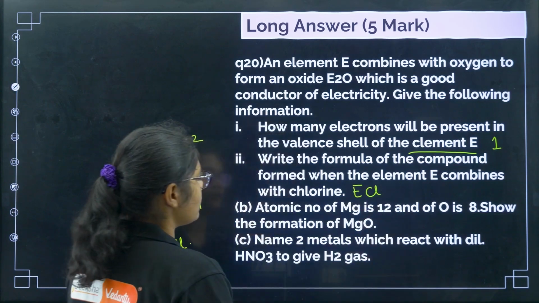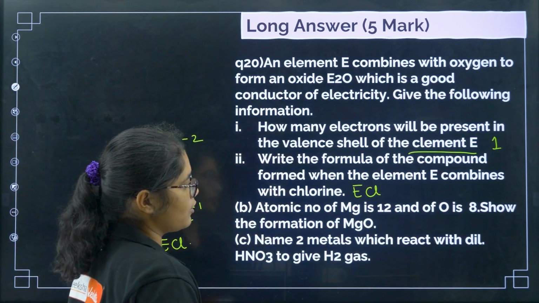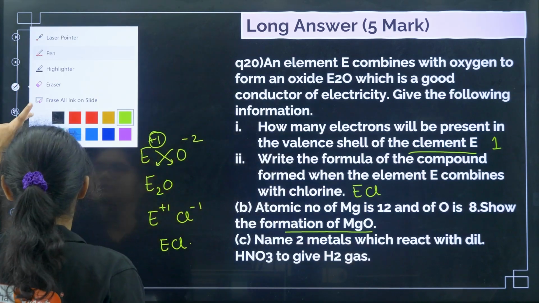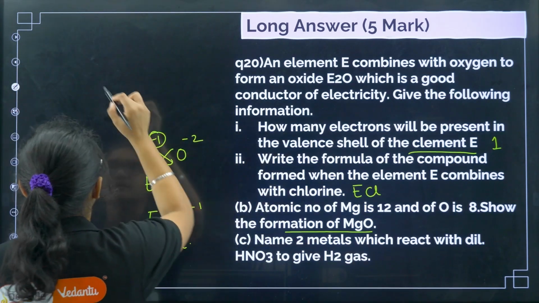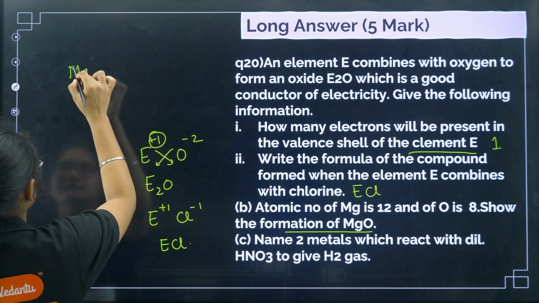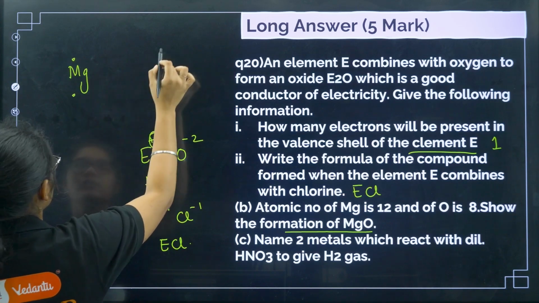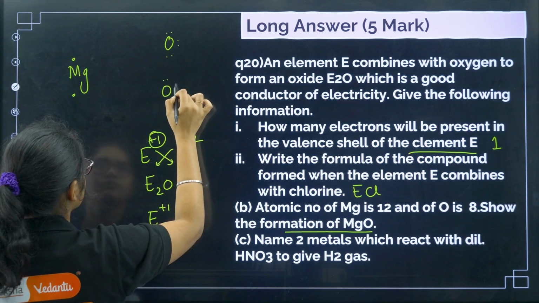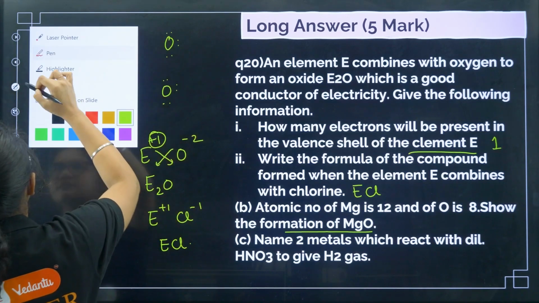The atomic number of magnesium is 12 and oxygen is 8. Show the formation of magnesium oxide. So what is the number of valence electrons of magnesium? 2. Oxygen, if you see, 1, 2, 3, 4, 5, 6. Here also 1, 2, 3, 4, 5, 6. So what happens now?